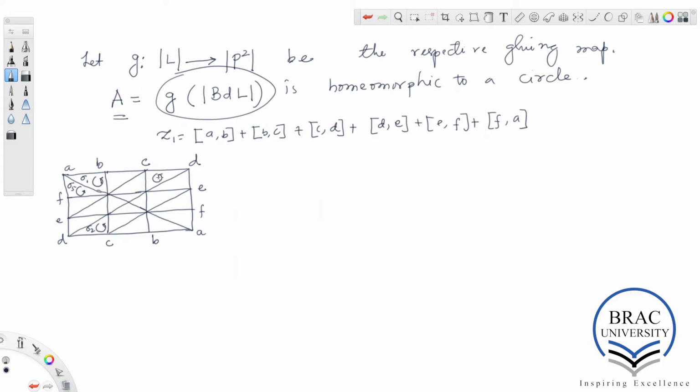This is again sigma 3, and this is sigma 4, and this is sigma 6. Okay, good. And we call this vertex H and this vertex J.